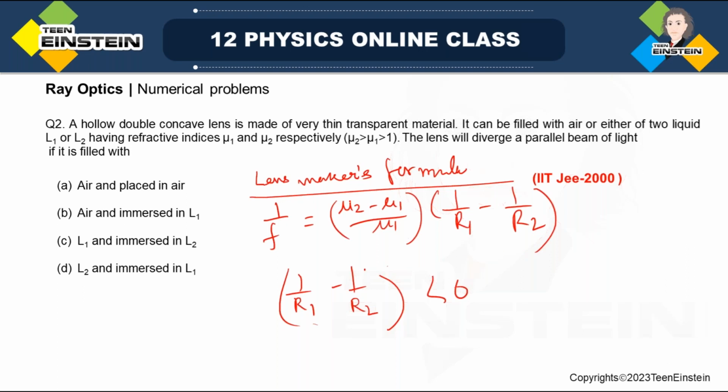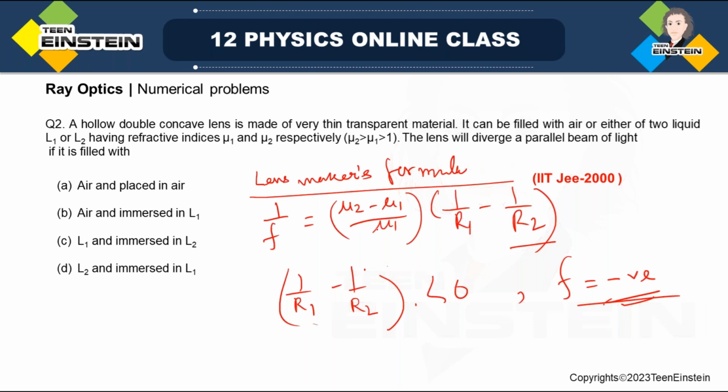So since it is negative, the focal length will be negative. So f is equal to, since this is a constant term, the focal length will also be negative.